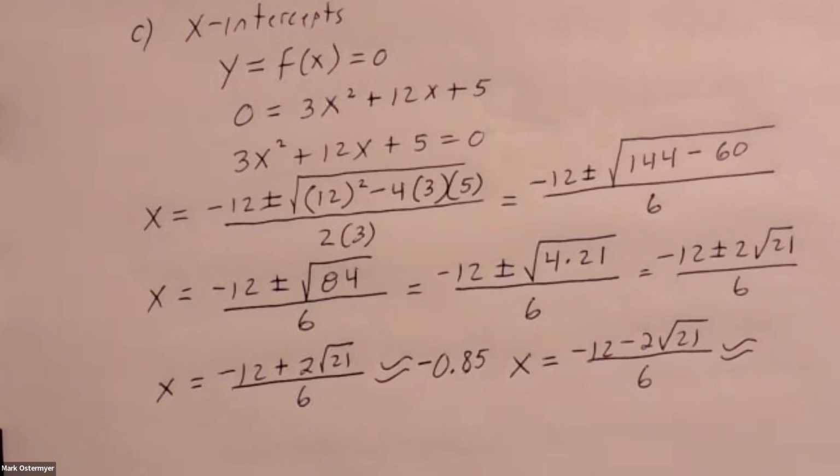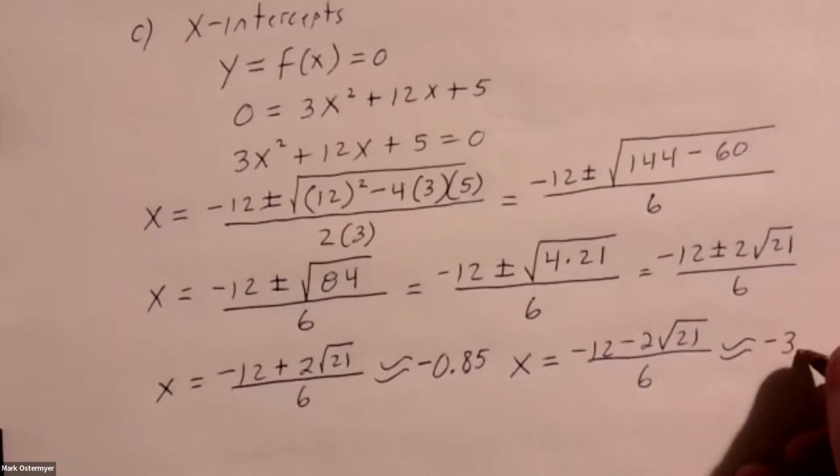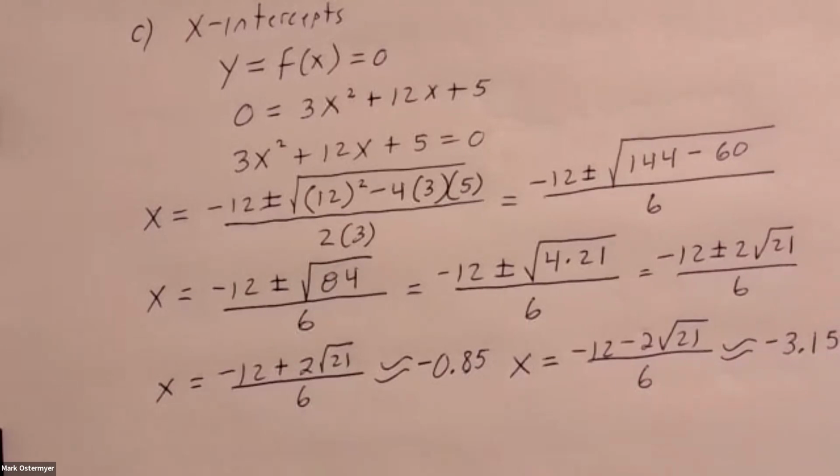That's the x-intercept, where the graph will go through the x-axis. And then our other x-intercept is going to be the minus version over here, divided by 6, and I get about negative 3.15 approximately. So those are your x-intercepts.